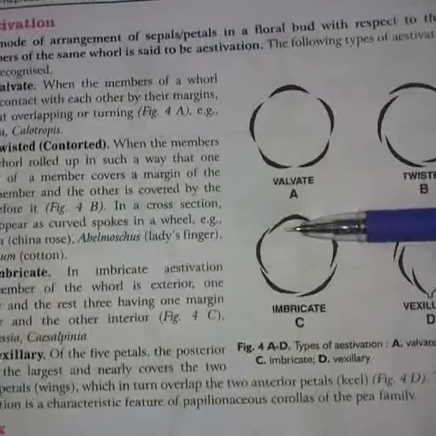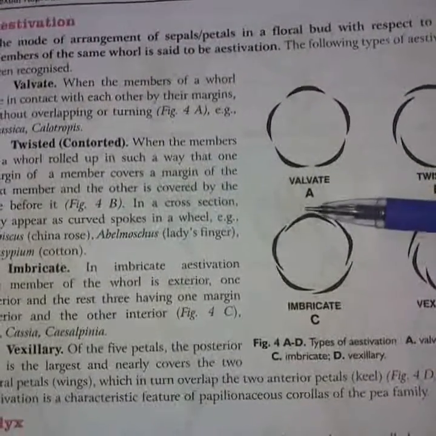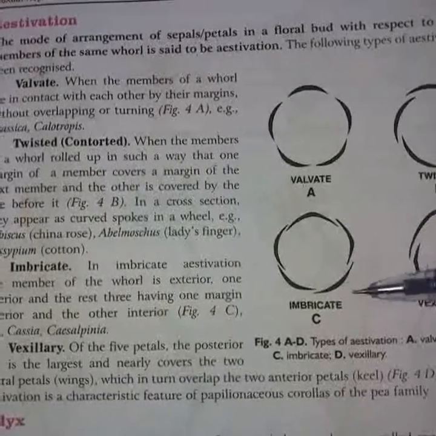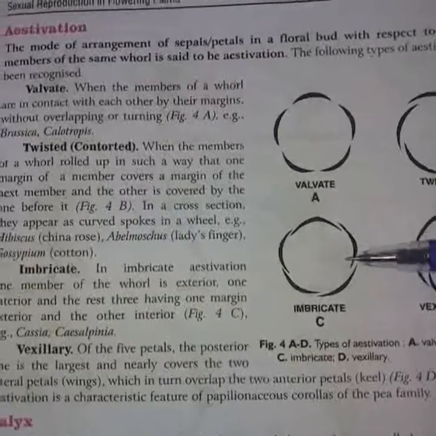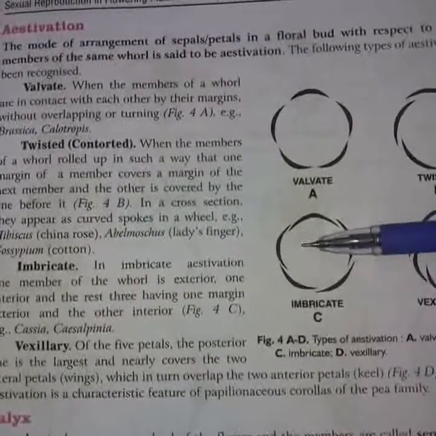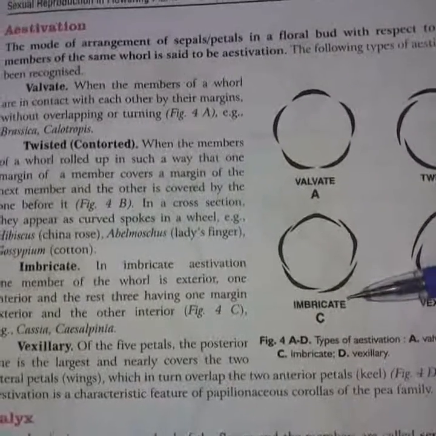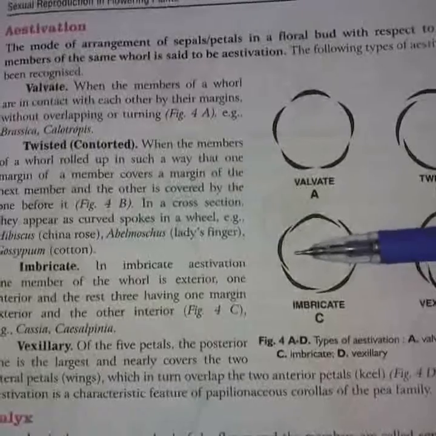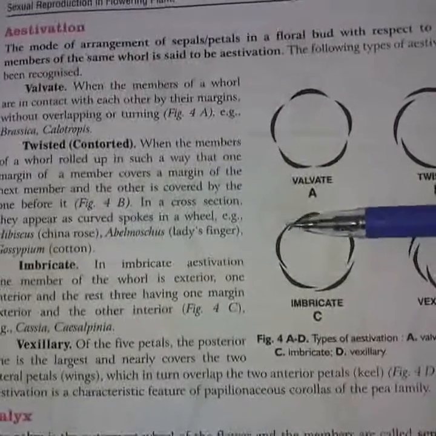So in this structure, of two margins, one is totally inner and one is totally outer, but the three margins overlap, one margin overlapping and the other free.